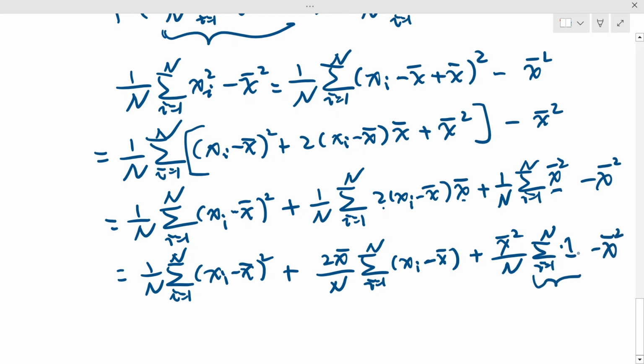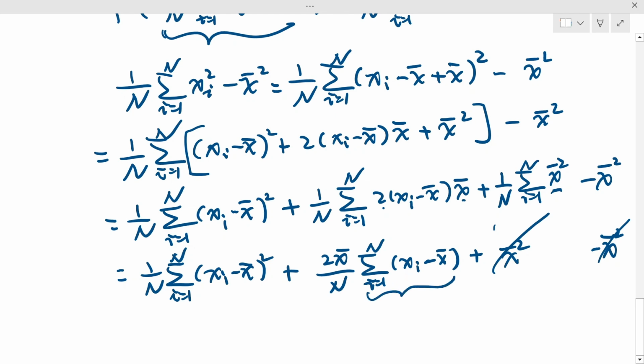So this is the sum of n ones, 1 plus 1 plus 1 for n times, we get n. So this is n. Then n cancels out with this, so we have x bar squared, and this x bar cancels out with this x bar.